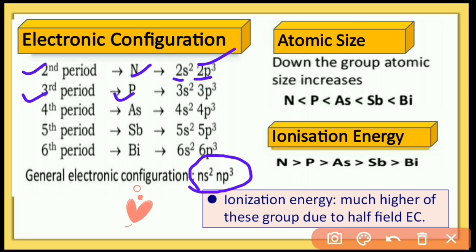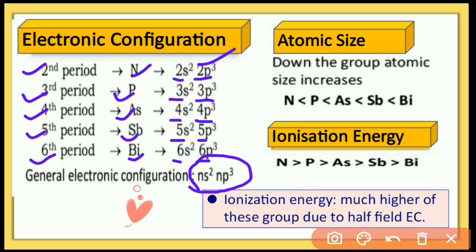Phosphorus belongs to the third period, so 3s2 3p3. Arsenic belongs to the fourth period, so 4s2 4p3. Antimony belongs to the fifth period, so 5s2 5p3. And bismuth belongs to the sixth period, so 6s2 6p3.